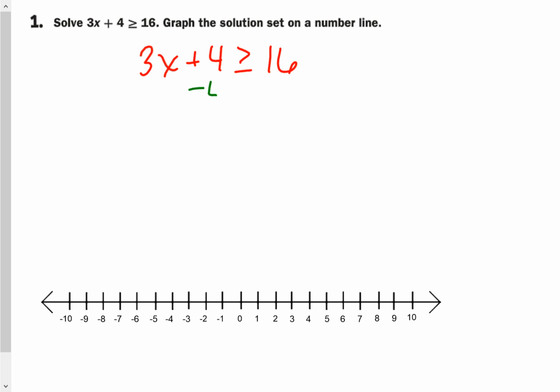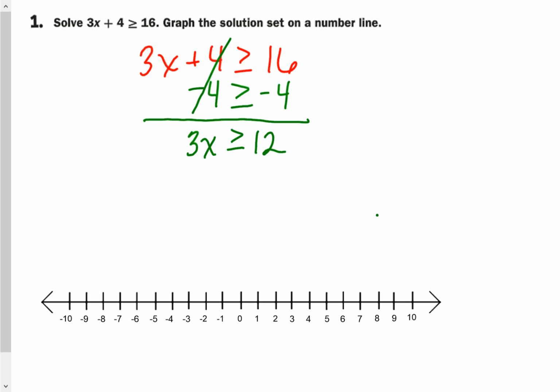So we subtract 4 from both sides of the inequality. Just notice that I brought down my inequality to make sure that I'm doing the same operation to the left and the right. So our plus 4 minus 4 cancels out to 0. So I'm left with 3x is greater than or equal to 16 minus 4, which is 12.